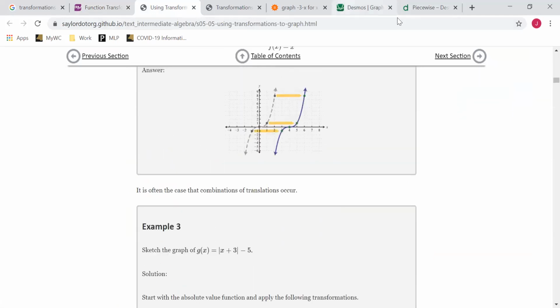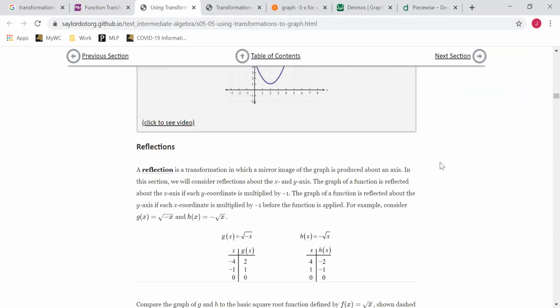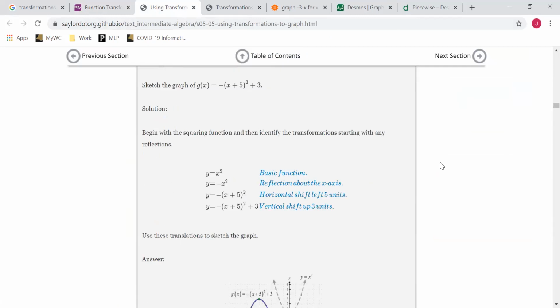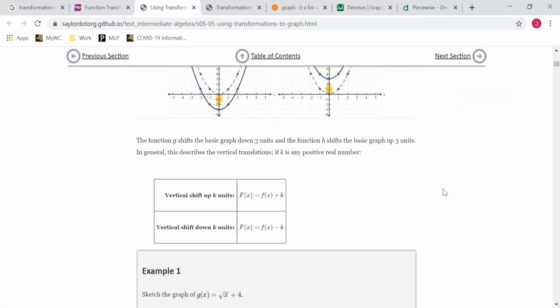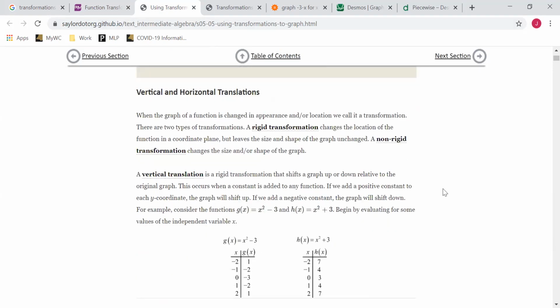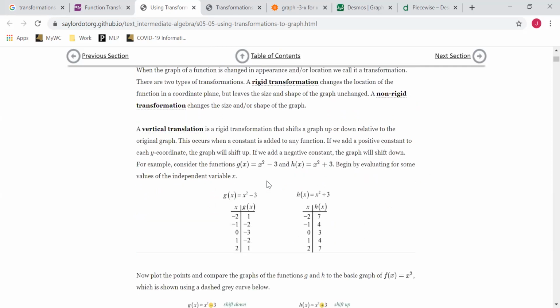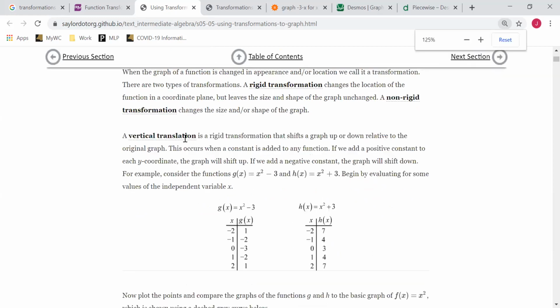We can do reflections. So let's just start from the top with this one. The first thing we can do, we can actually do a vertical translation. Vertical translation.